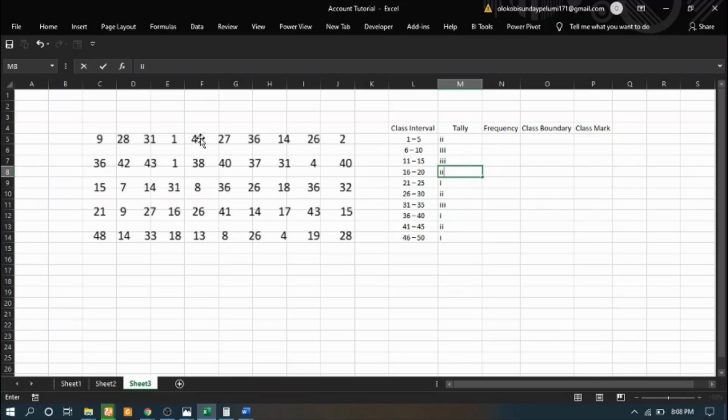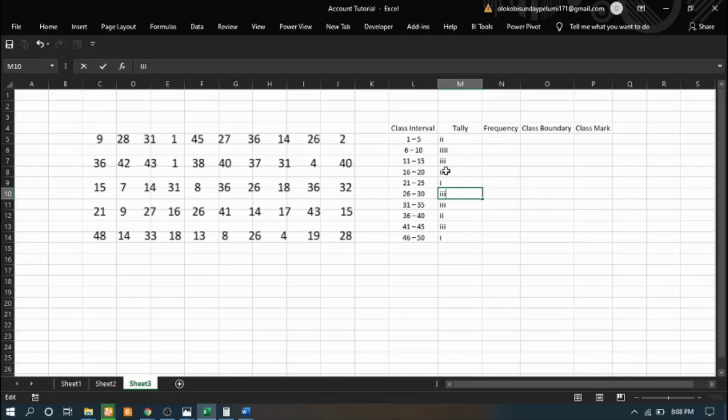Now 45 is here. Now we have 38, which is in this class here. So we have 8 in this class. Then 26 is in this class here.